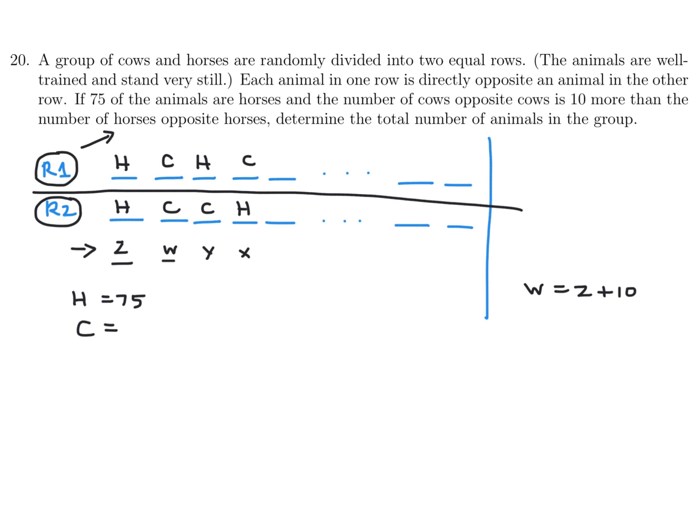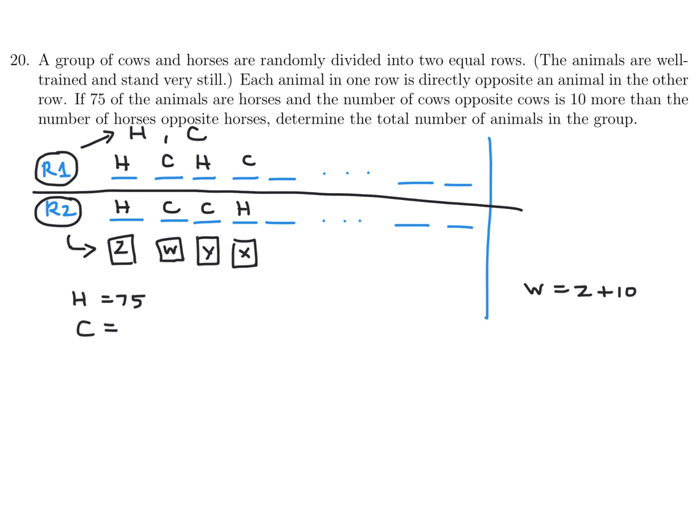So I'm just going to call the number of horses in row 1 H and the number of cows in row 1 C. Whereas in row 2, the number of horses that are opposite a horse is Z. The number of cows opposite a cow is W. And the number of cows opposite a horse are denoted by Y. And the number of horses opposite a cow are denoted by X. Does that make sense? Hopefully.